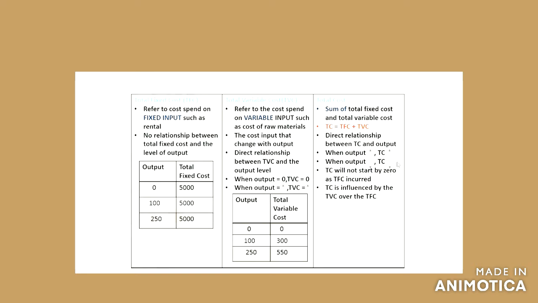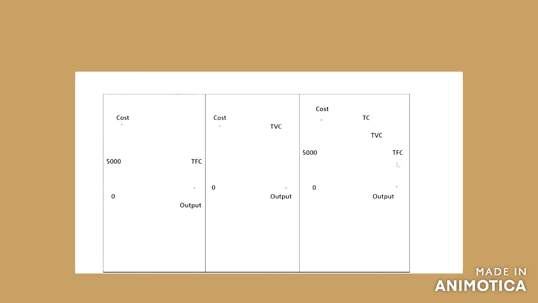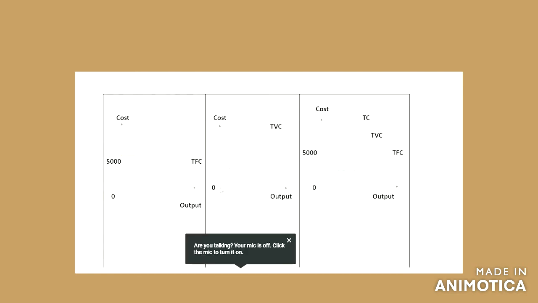So next we look at the graph. So this is the graph of total fixed cost, total variable cost, and total cost. So as we can see, the TFC is a straight line. This is a straight line because it does not have any relationship with output, so it will stay the same even though the output increases. And the total variable cost will increase when output increases.